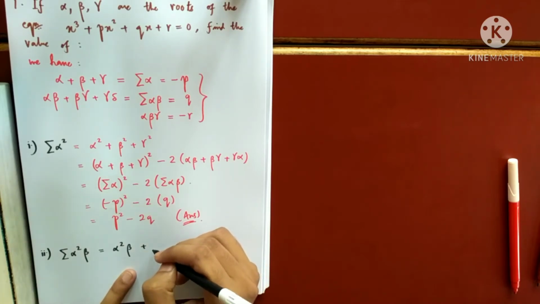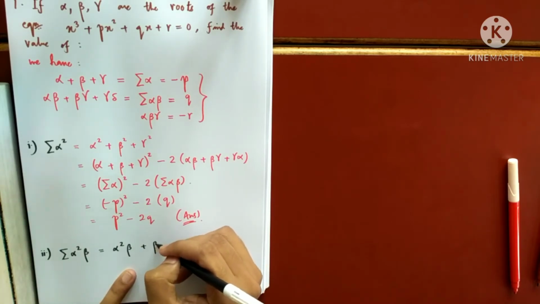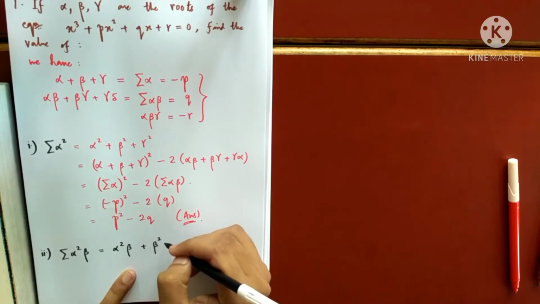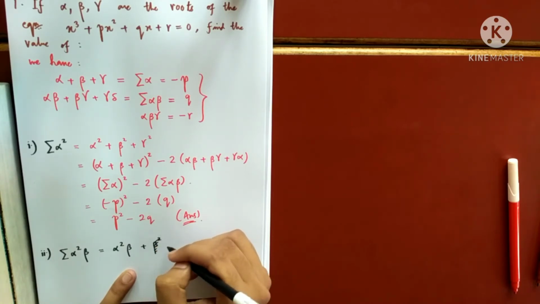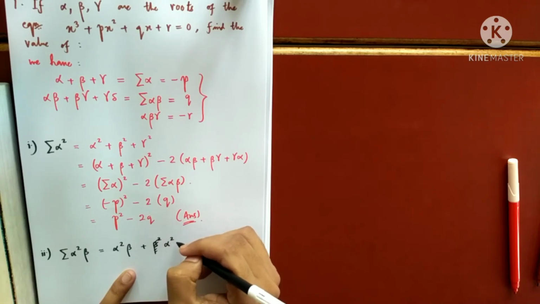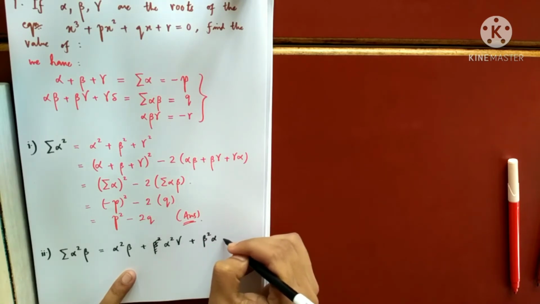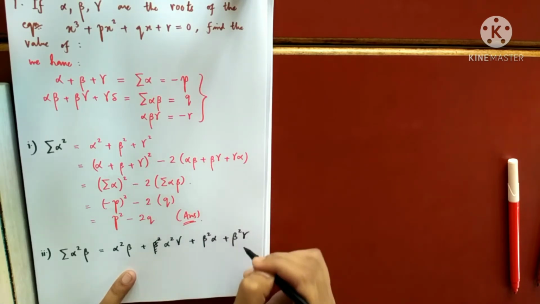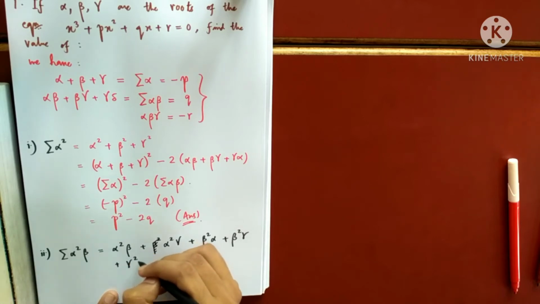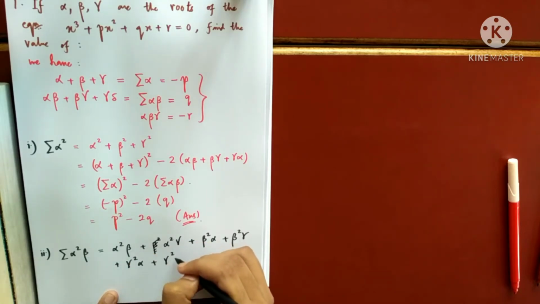Alpha square beta plus alpha square gamma plus beta square alpha plus beta square gamma plus gamma square alpha plus gamma square beta.